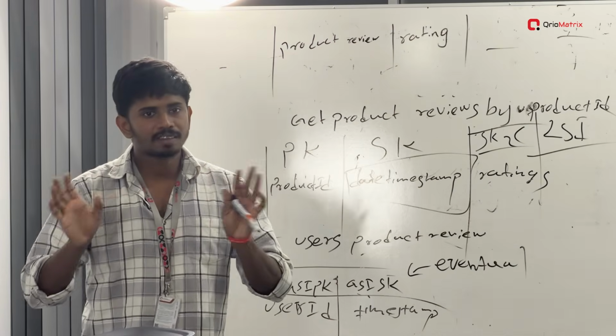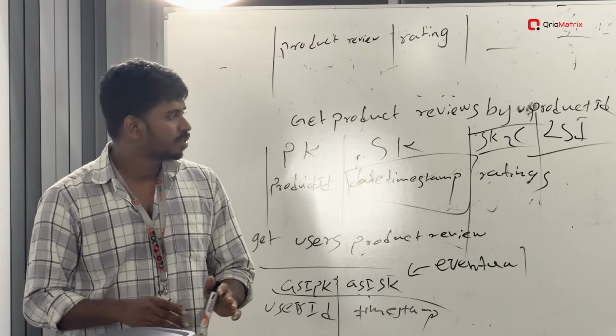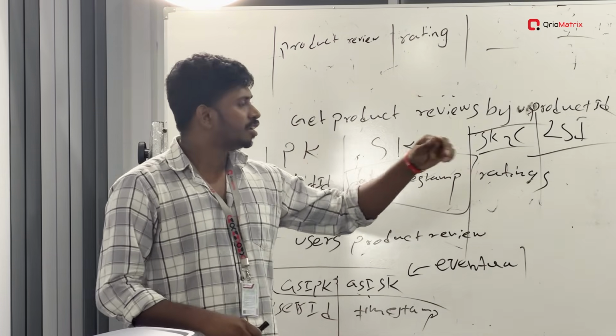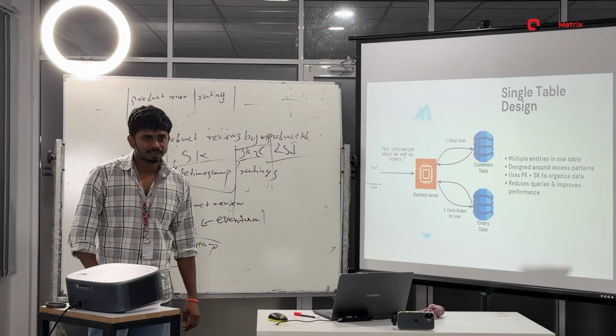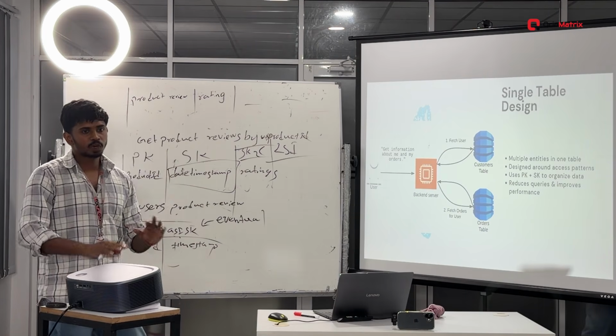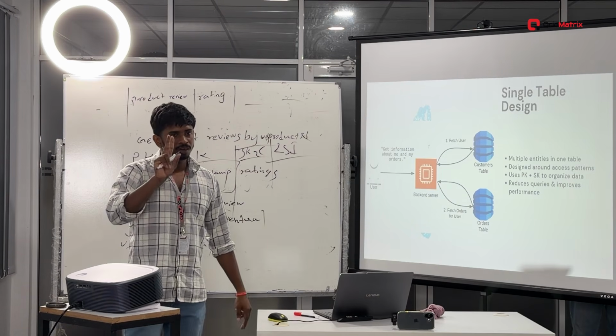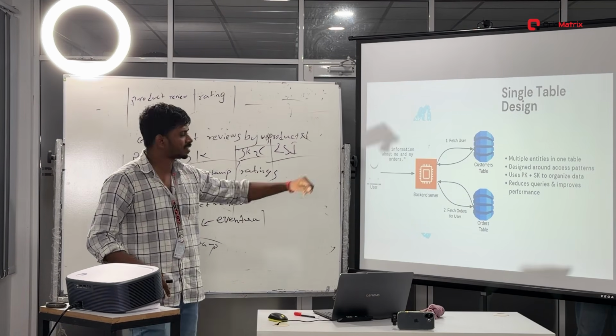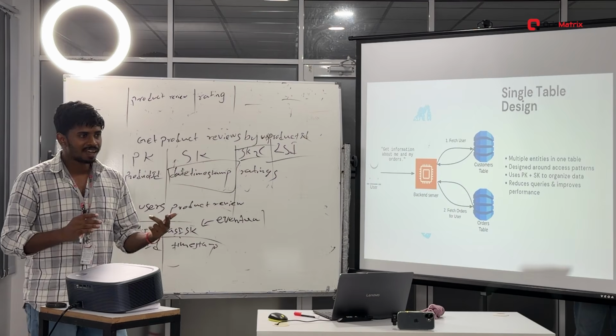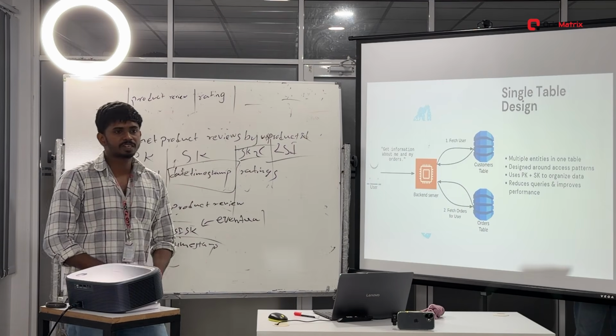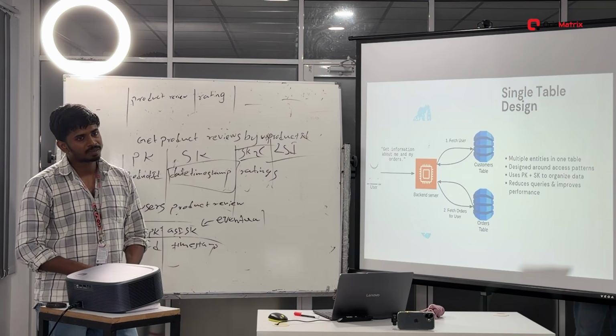In SQL we have joins, that's fine. But here we don't have joins. So in that case we need to do two requests. One to the customer table to get the customer data, and then using that customer ID we need to get data from the order table also.